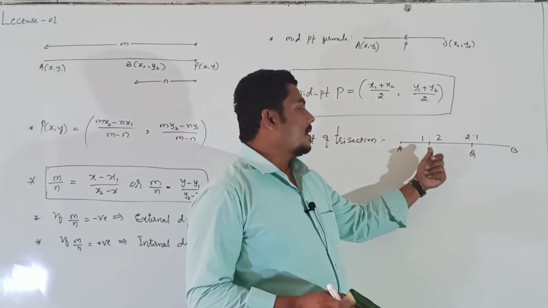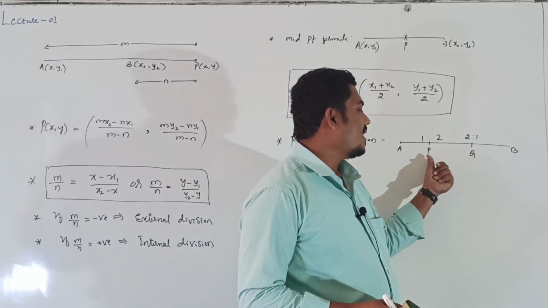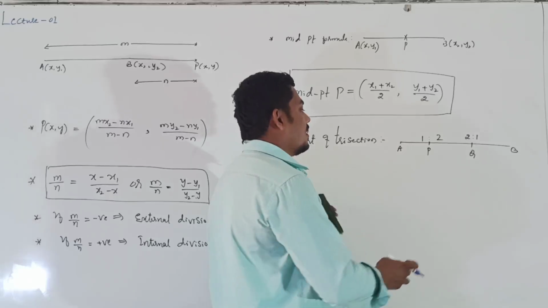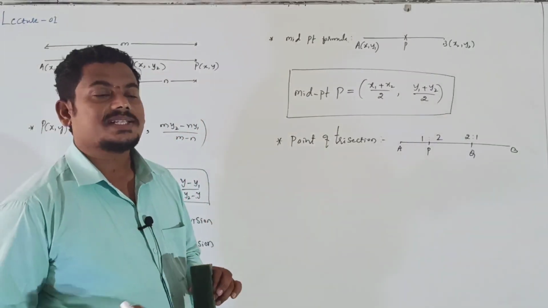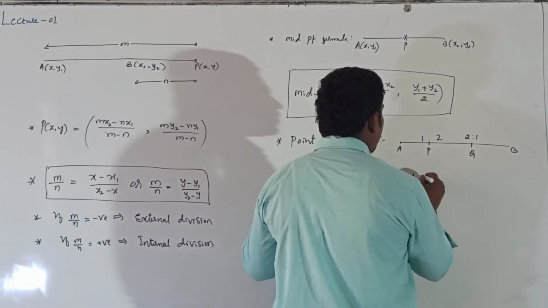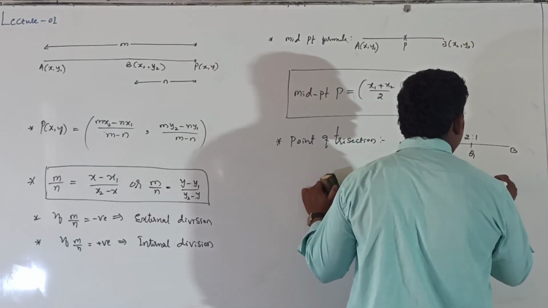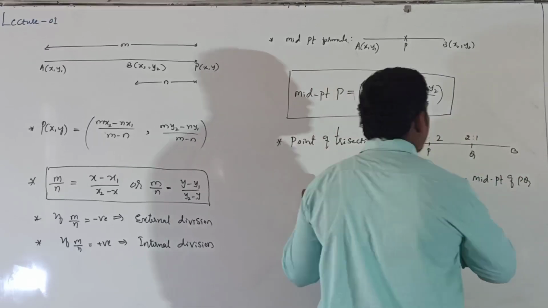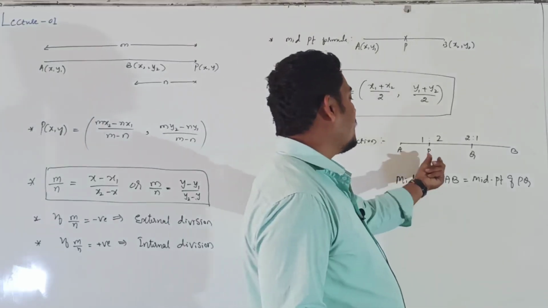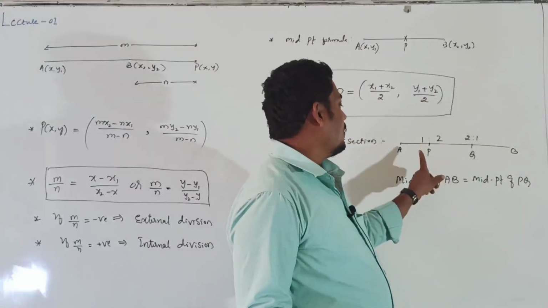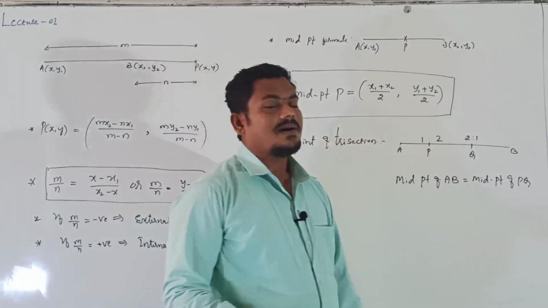It means the midpoints coincide. It is possible when P and Q are points of trisection of line AB. Remember this point.